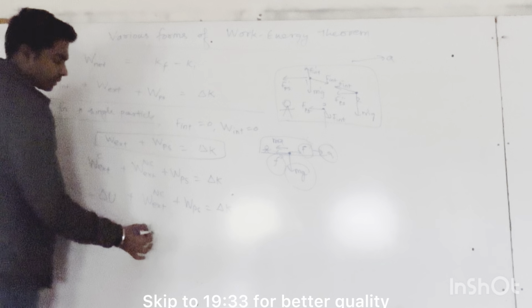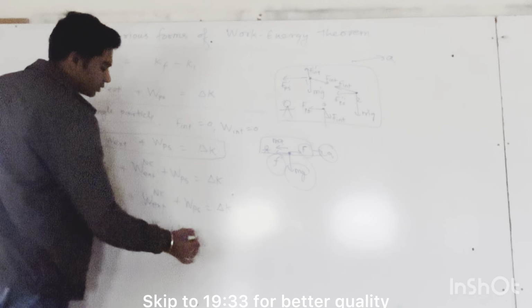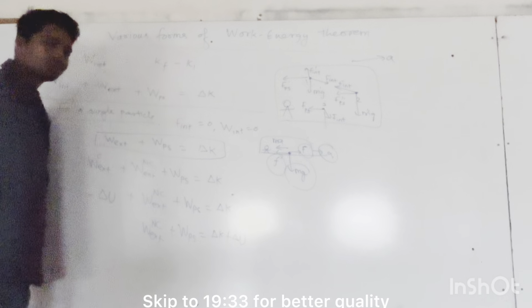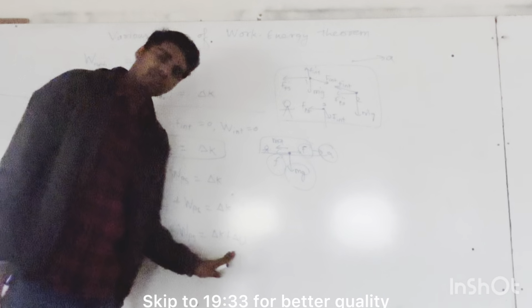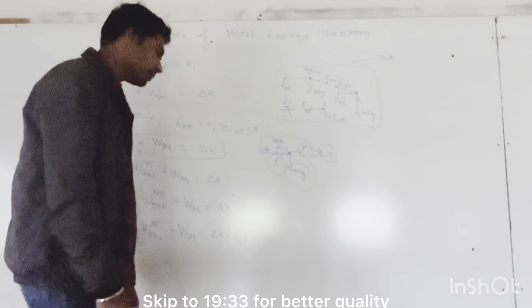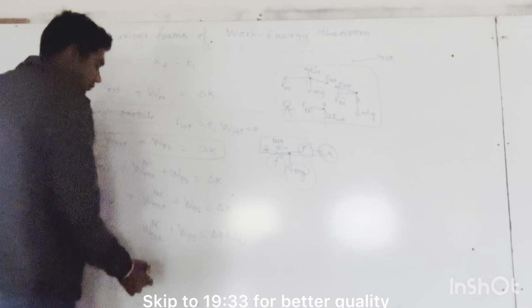So work done by external non-conservative force plus work done by pseudo force is equal to net change in kinetic energy, that is delta K plus delta U. This sum is called the mechanical energy of that single particle, change in mechanical energy of that single particle.